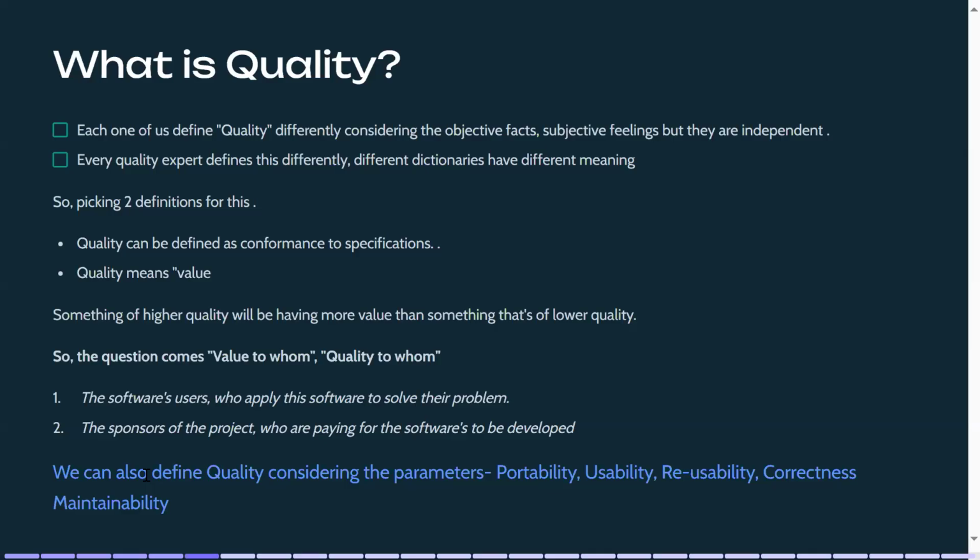So quality, if you look at any dictionary, says value, or quality can be defined as conformance to specifications. Okay.